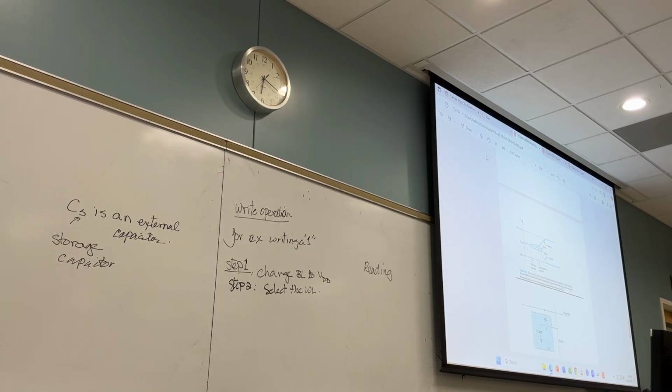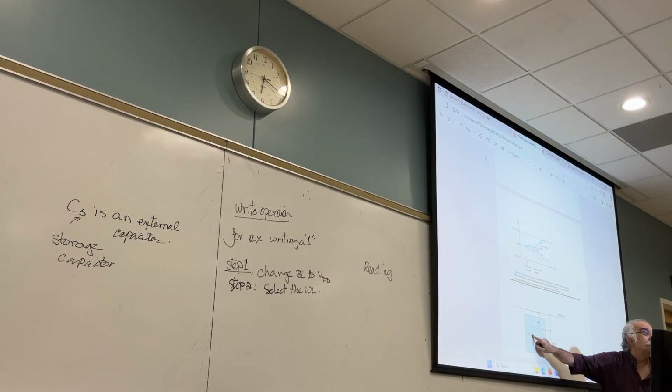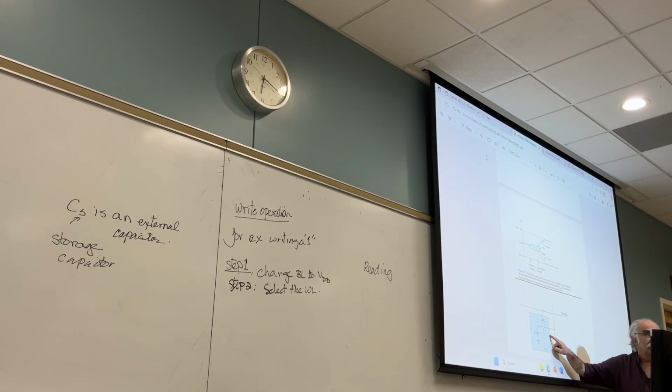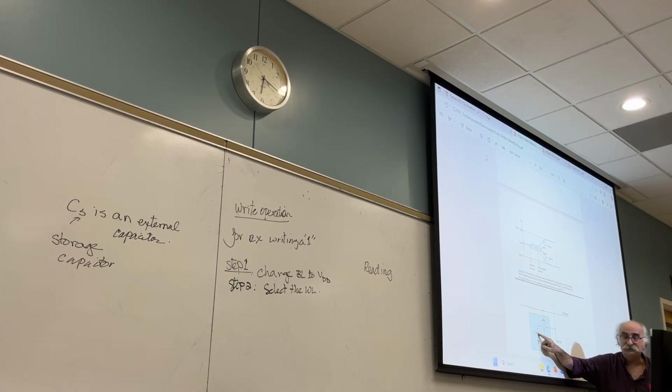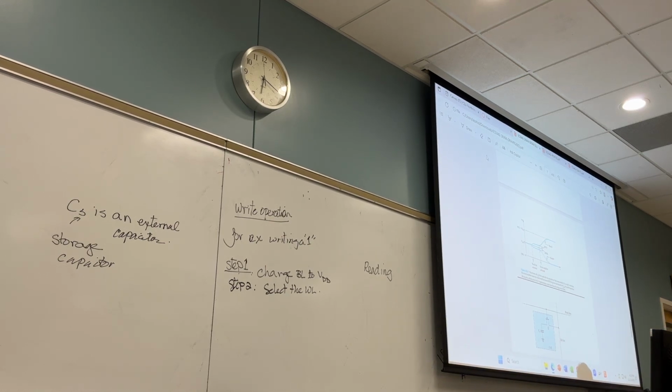Anywhere between VDD over 2 to VDD, doesn't matter. Now let's assume in here there is a 1. So current will go this way, which means this one is going to lose charge. This line is going to go up a little bit. Did you get it or not?